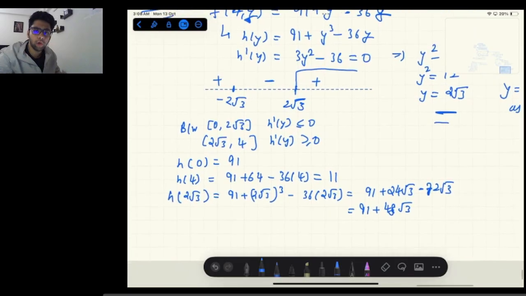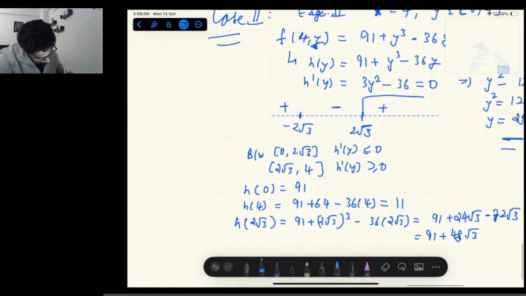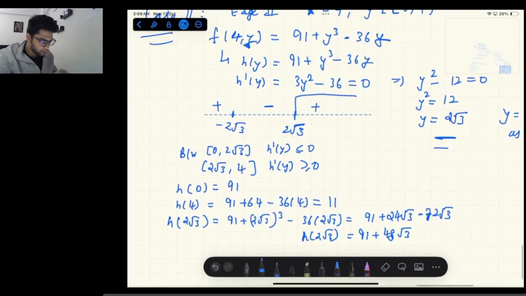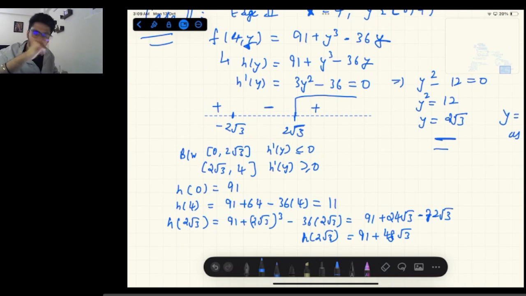If I take an approximate value here of h of 2 root 3, root 3 is 1.73, but if I take root 3 as being approximated to 1, which is quite wrong, but I'm just taking an approximate value, this will give me 91 plus 48, which is approximately 139.